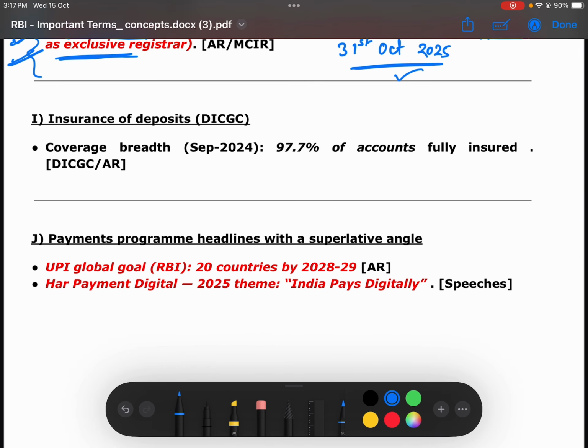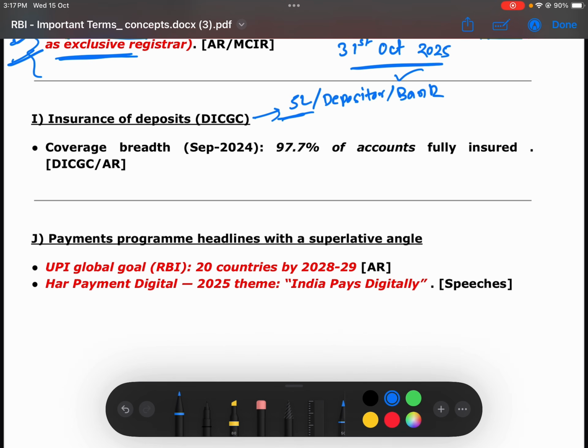Now DICGC, the insurance coverage of your deposits. The limit is 5 lakh rupees, as you must be aware, 5 lakh rupees per depositor per bank. The limit covers both interest as well as principal.